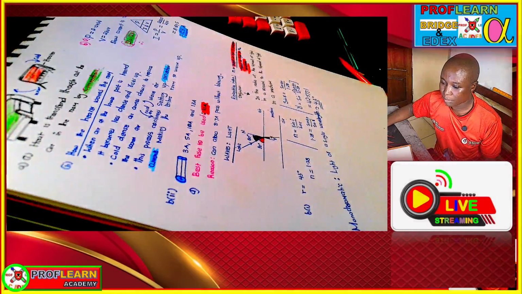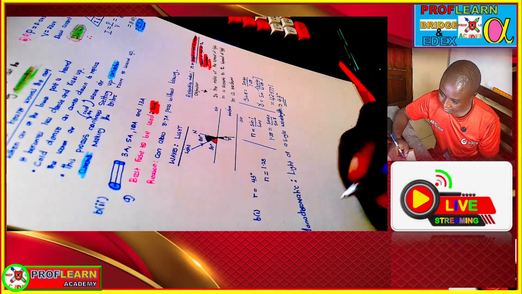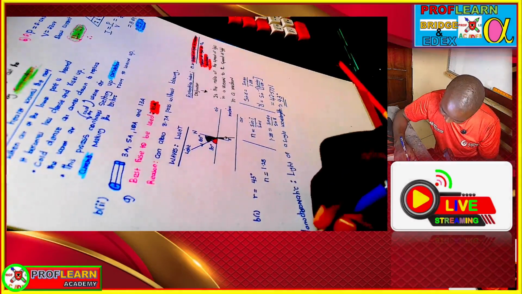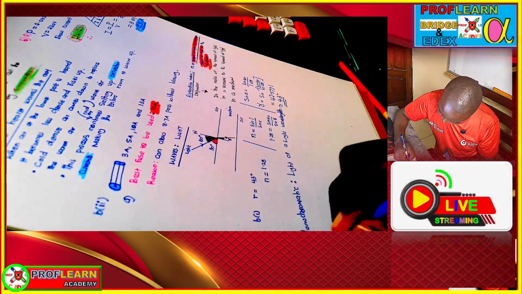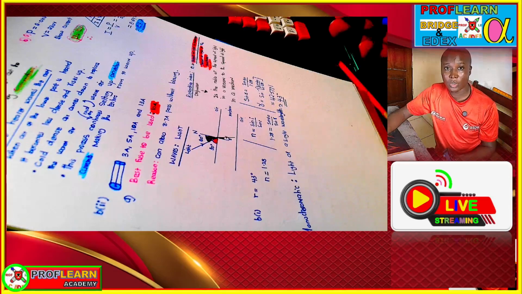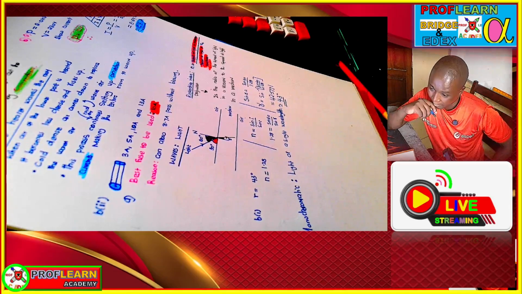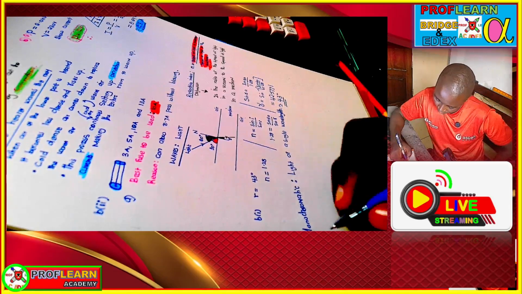But I know most students must have talked about color, but they failed to remember that color is determined by the wavelength. So if you have many wavelengths, then it means you are going to have different colors of light.